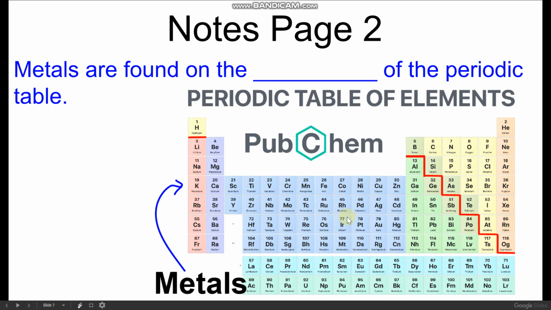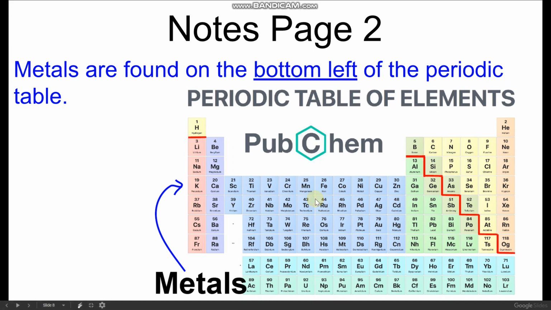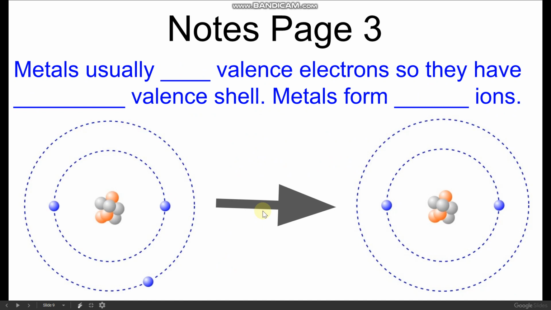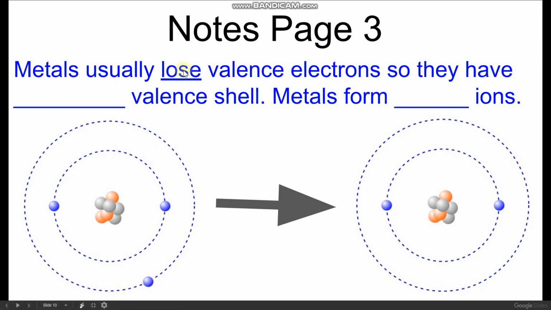Okay, and so then we kind of know this from our last lesson, but metals are found on the bottom left of the periodic table. So all of these elements over here are metals. Now, here we have a lithium atom. And if you remember from our ions, this lithium atom only has one valence electron, and it's going to lose that valence electron.